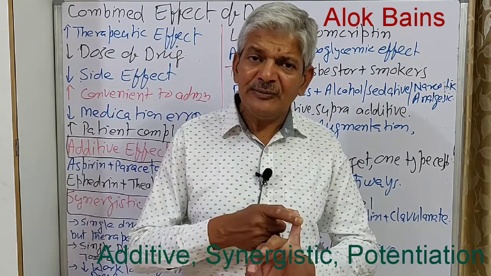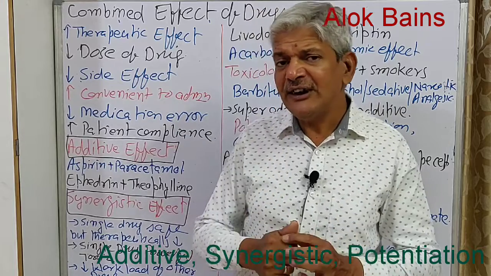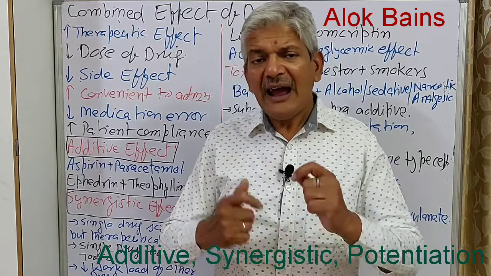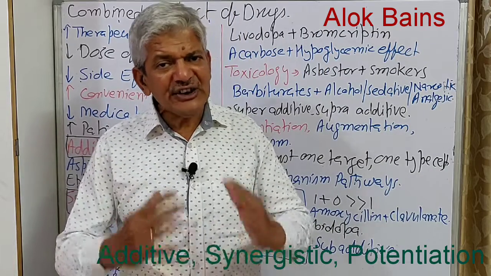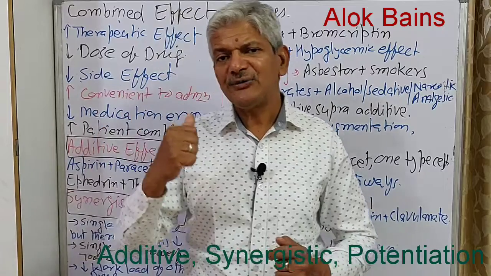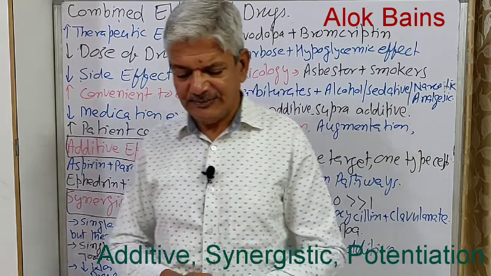It improves patient compliance. It is more convenient for a patient to take a medicine at one time, and it reduces the medication errors. These are the main advantages of this combined effect of drugs or the fixed dose combinations.